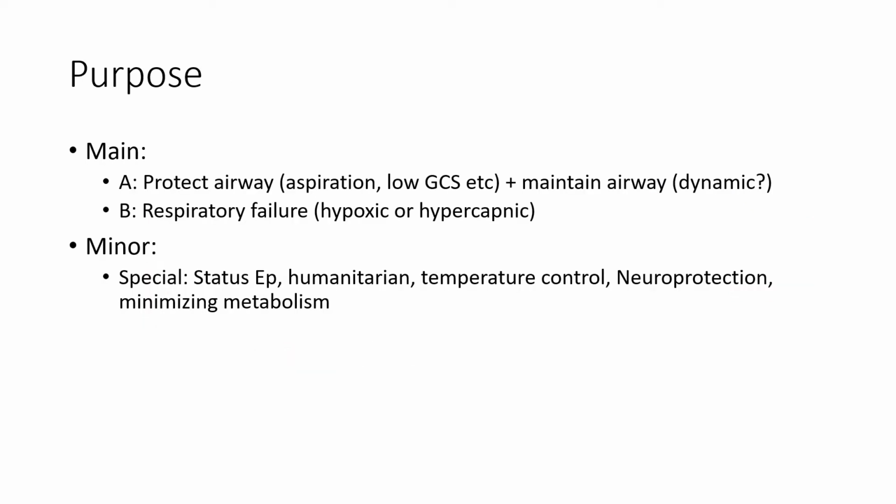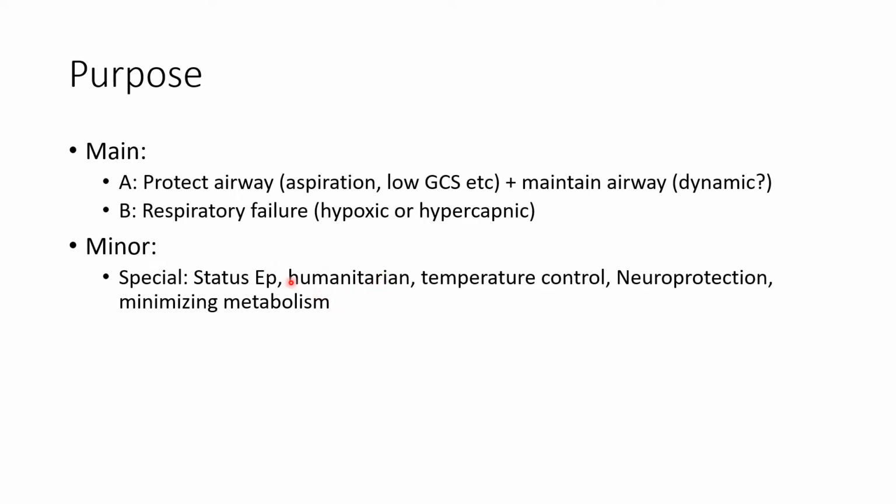What's the purpose of getting the tube in? Well, it is to protect the airway and maintain the airway, but also for respiratory failure. And then there are some special cases, I guess, where, for status epilepticus, we have to sedate patients because of the GABA effects of propofol if they don't stop seizing.